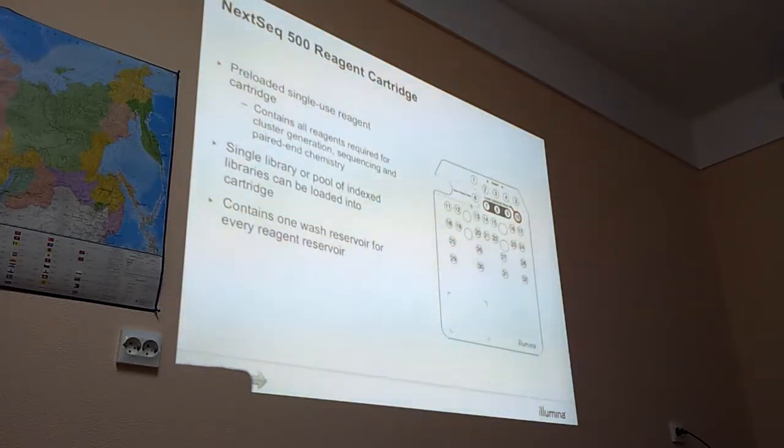Then 6 is for the denaturing. This is formamide. Some customers requested, especially in Germany, where we are very concerned about the environment, that the formamide not be part of the whole assembly.